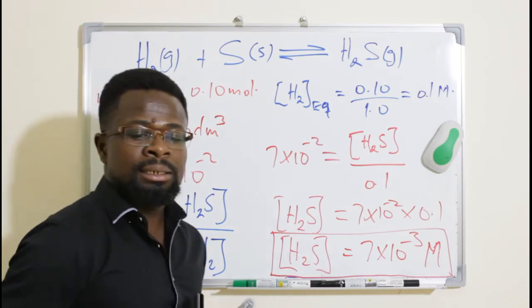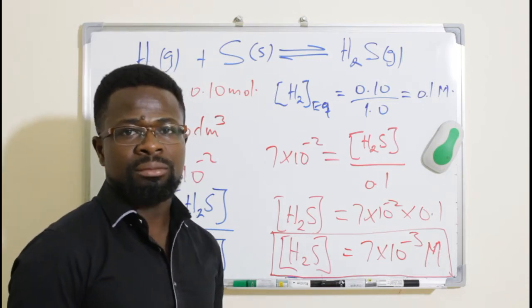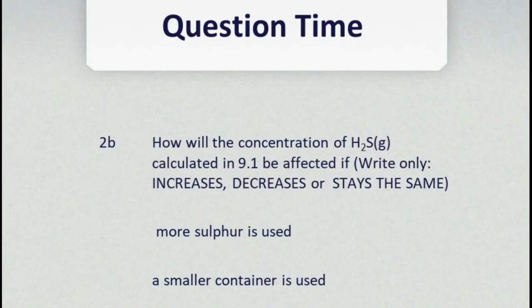Let's look at the B part of the question. The B part of the question says, how will the concentration of the H2S gas calculated in A be affected if, and what they want us to do is write only increases, decreases, or stays the same.